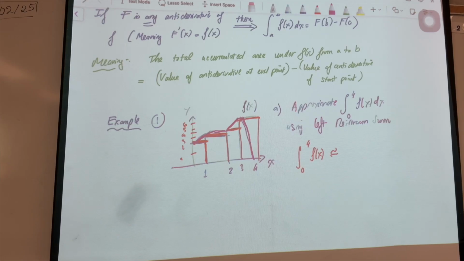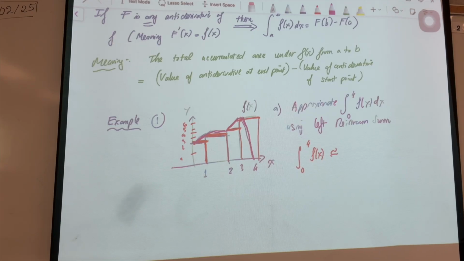Usually we just call them left, right and middle. But yes, there's the trapezoid Riemann sum too. So you learn trapezoid as well? We actually learned it, but I can't really do that one.